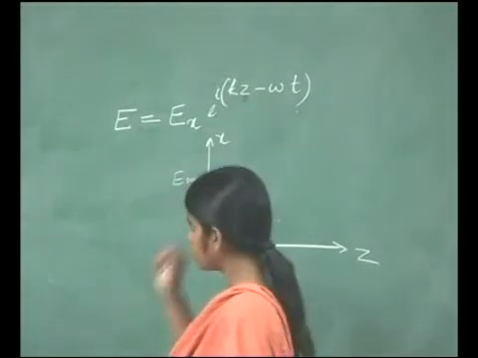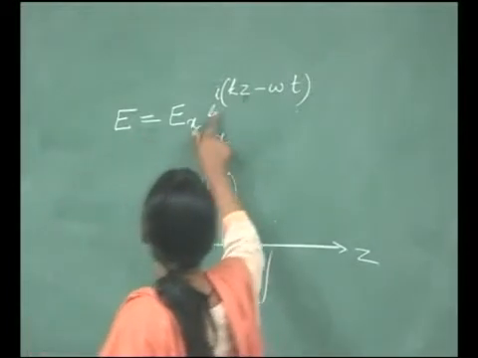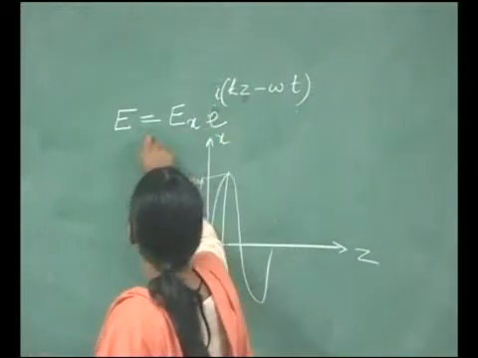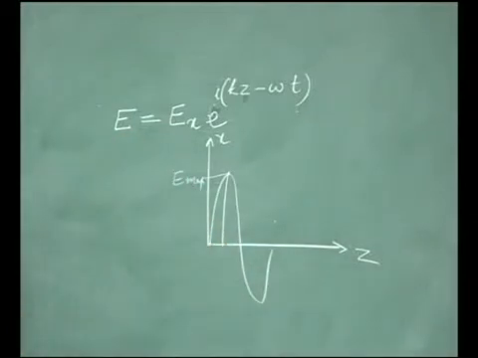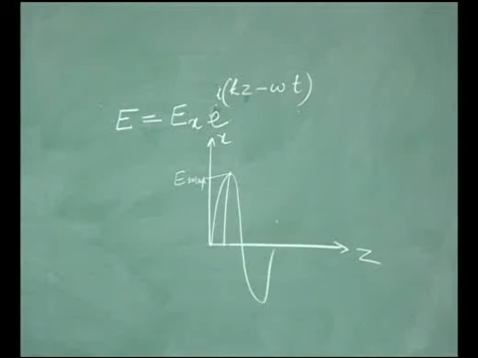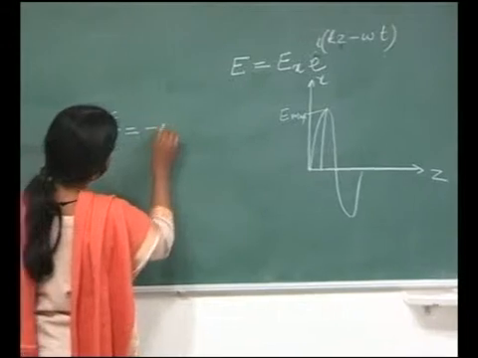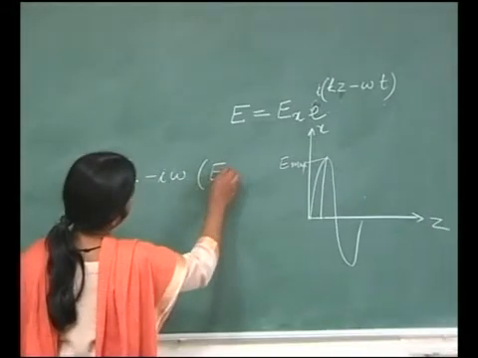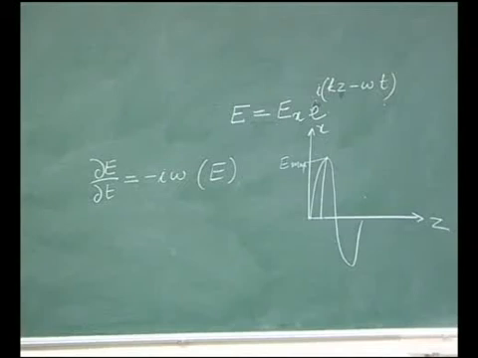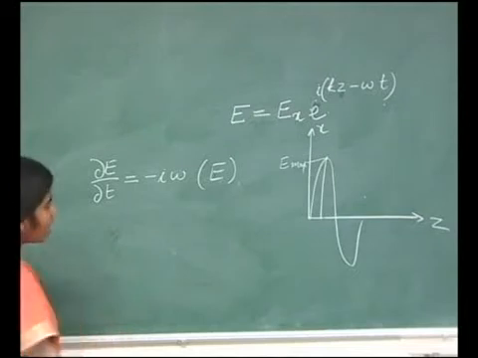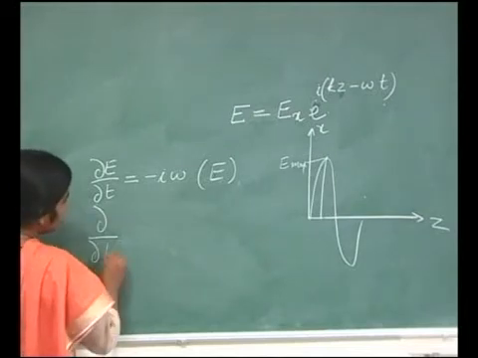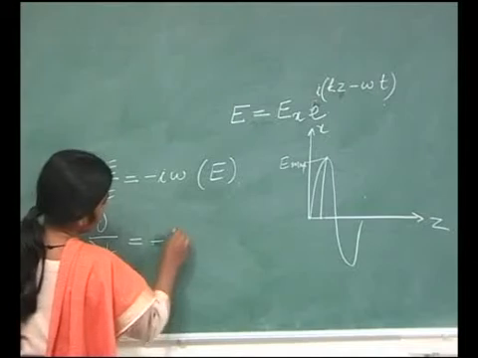If I differentiate this exponential expression with respect to time, del E by del t, I get only one term, i omega, times E. So by comparison, I can say that del by del t, the time differentiation, is equal to minus i omega.